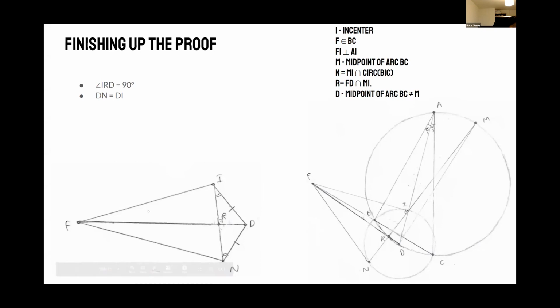So now we can look at this more simplified drawing, where we can clearly see that just using these 2 bullet points, we can conclude that FD is the perpendicular bisector of NI, as it is perpendicular to this, as angle IRD is 90, but also ID equals DN, and therefore it will be the perpendicular bisector, which will be enough to conclude that FI equals FN.